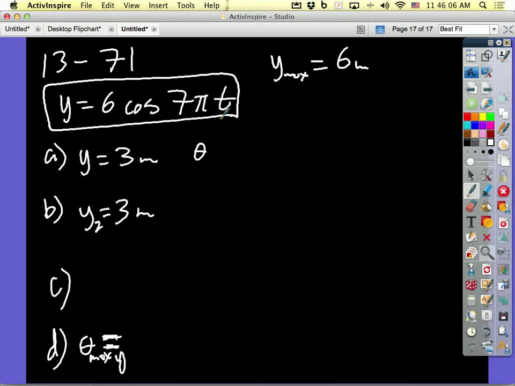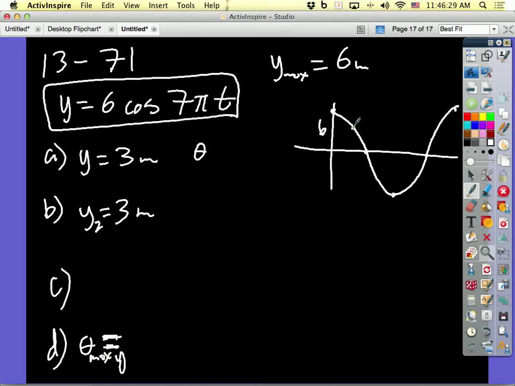So we know this is cosine, so it went from 6, because at time 0, cosine's 1, right? So it's at 6. Then it goes through one phase.